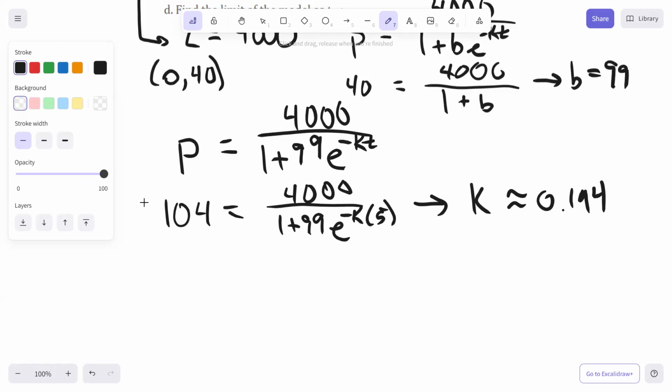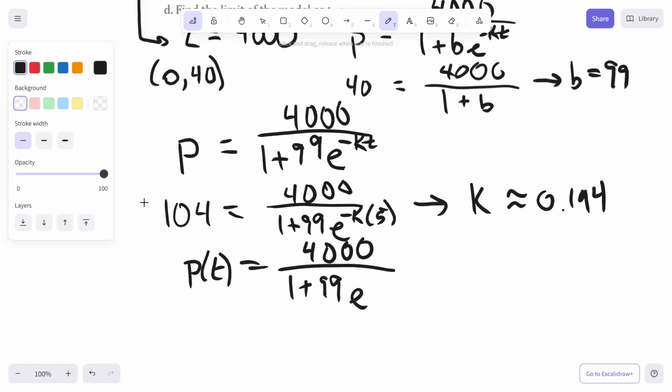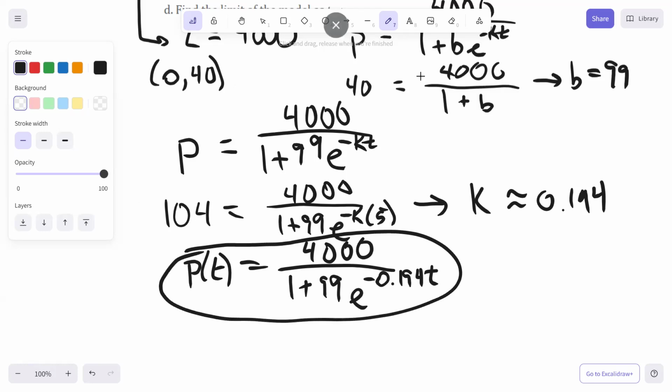So our function P of t is going to be 4,000 over 1 plus 99 e to the negative 0.194t. So that is our model for this population.